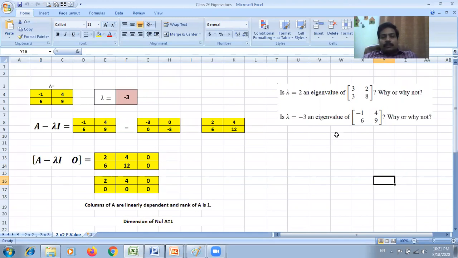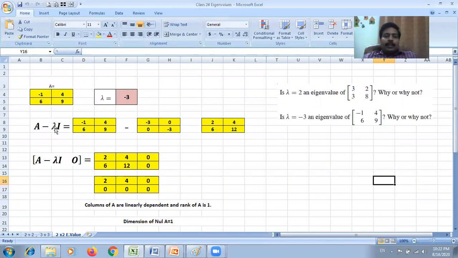Here I am taking the second problem first. The matrix [-1 4; 6 9] is my A, and I have to check whether lambda is equal to -3.